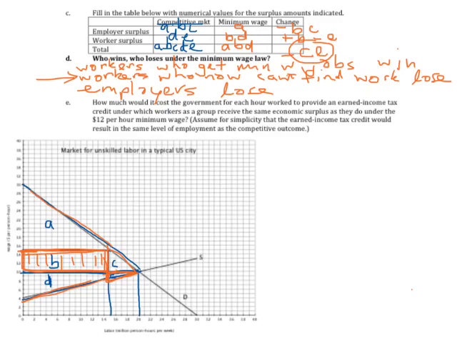The way I did this is to ask how I would increase worker surplus through an earned income tax credit by the amount by which they were net better off.